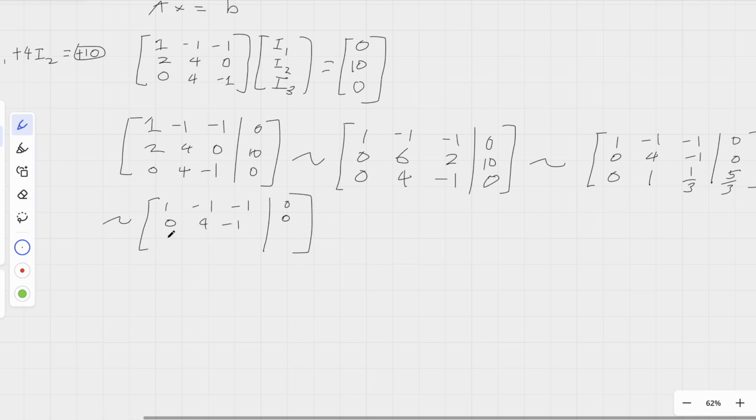Alright, so we do -4 times 1 plus 4, -0. -4, that will be -4/3. And then -1, that would be -7/3. And this one, -4, so -20/3.